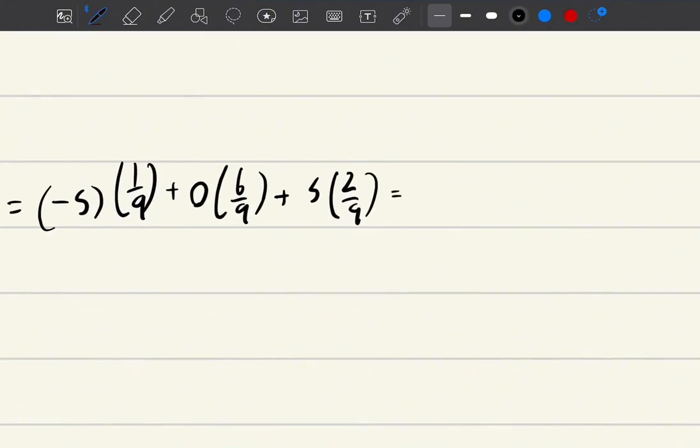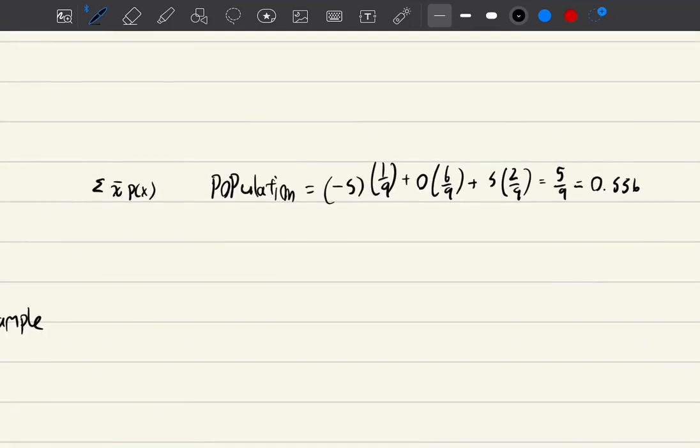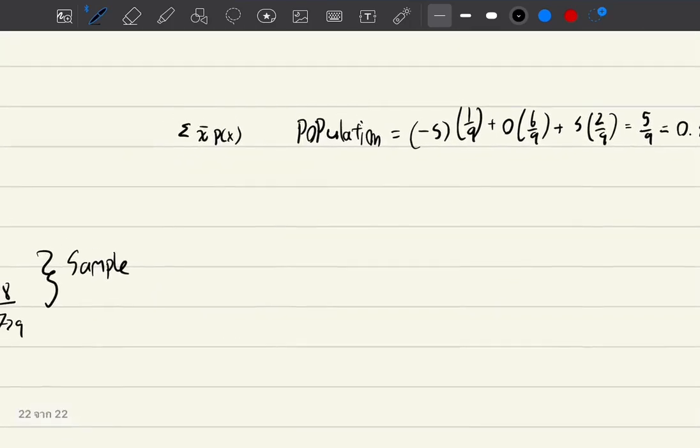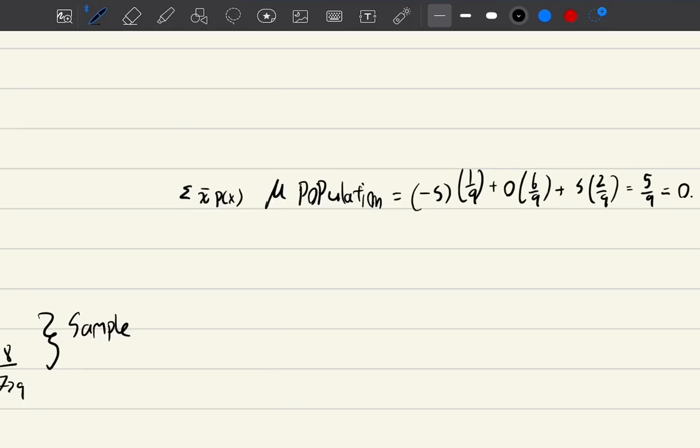This will equal 5 over 9 or 0.556. This is for the mean of the population.